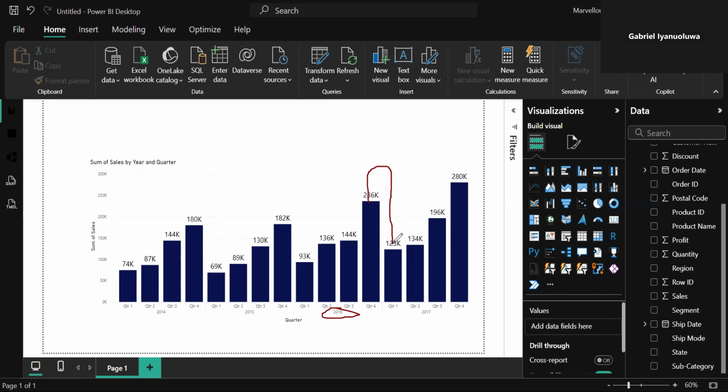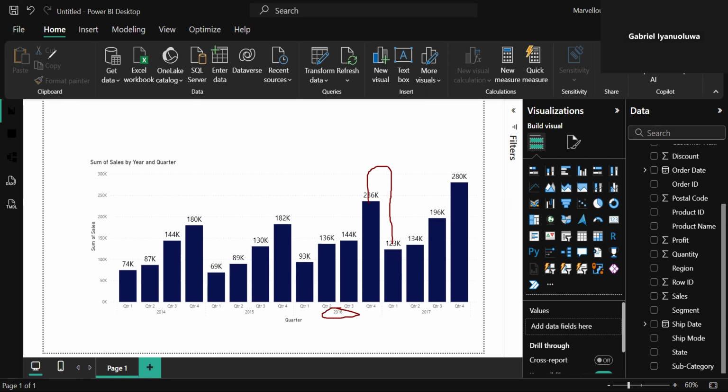Now, in our last quarter of 2016, we had more sales between October, November, and December. What now happened to the first quarter, January, February, and March of the following year?